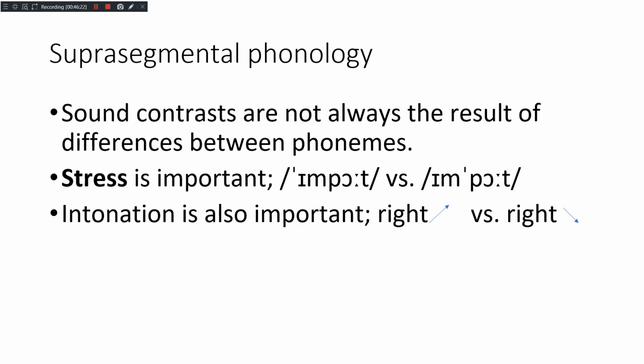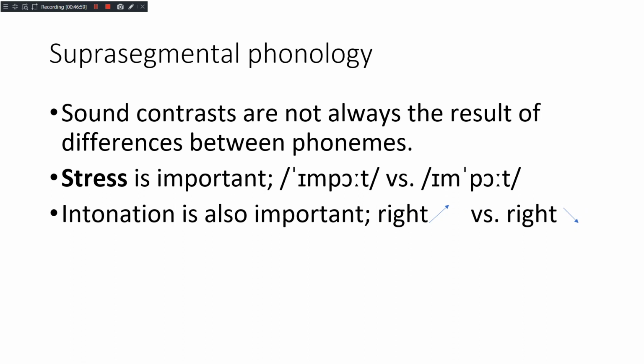Intonation is also very important in suprasegmental phonology because it goes over several units, several segments, or let's say in phonology terminology, several phonemes. Right consists of how many segments or how many phonemes? R, I, and T. Three phonemes. If we pronounce right with a rising pitch or a rising intonation, we understand it as something like a question, right?